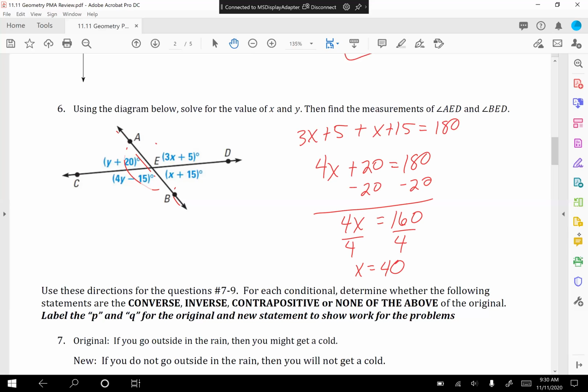Now, actually, I'm going to approach this from a different manner here, because this is what we're really getting at with this problem here. Y'all remember AED is right here, yes? And then we have this angle over here, BEC.